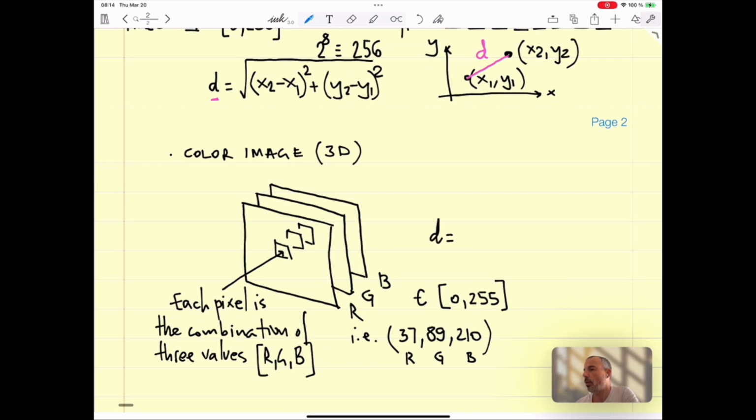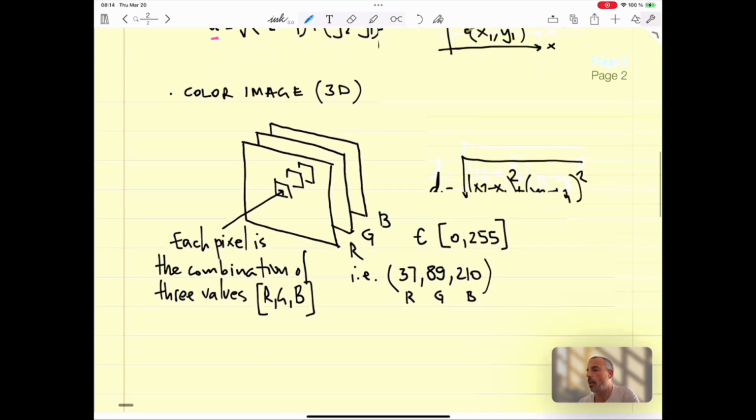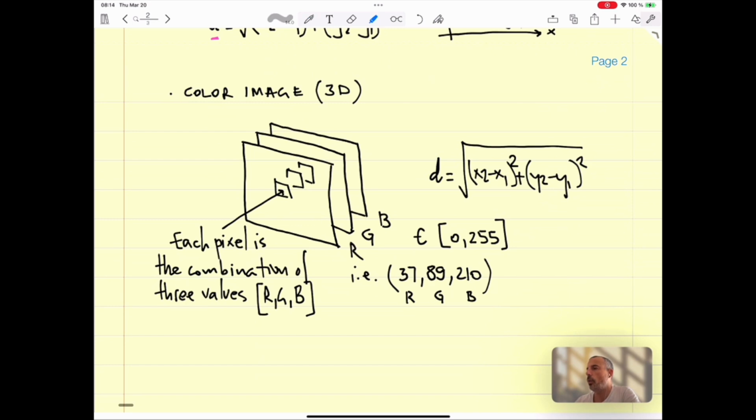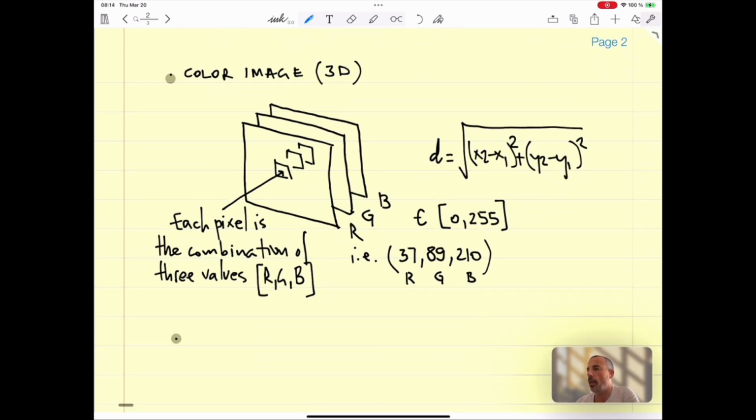So you would measure the distance in the same way. And yeah, that would be it. So that's also an example of a Euclidean data set.